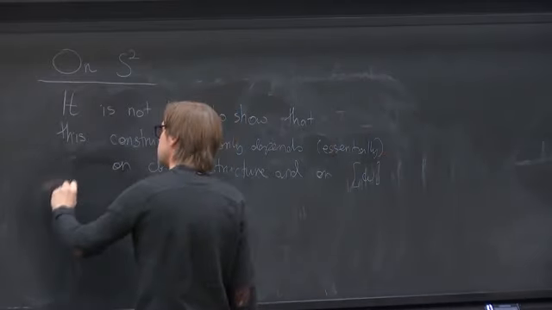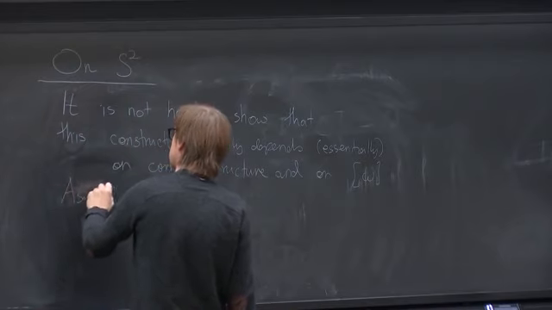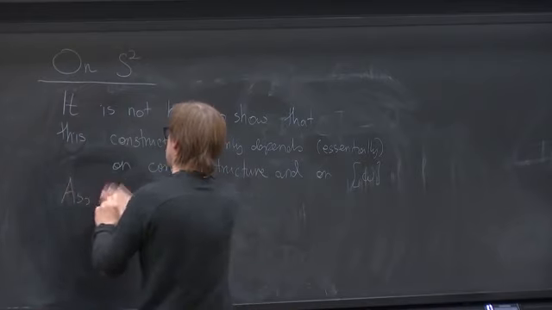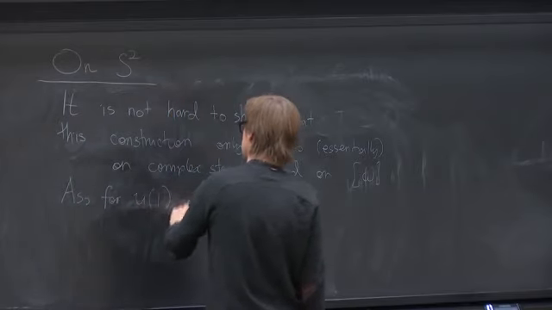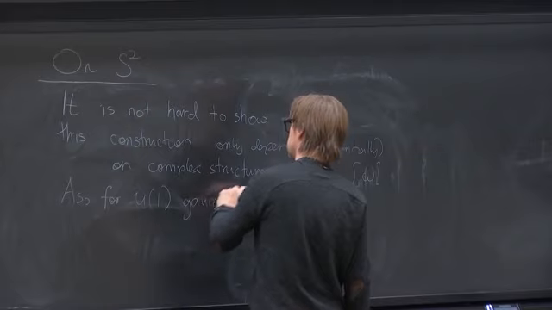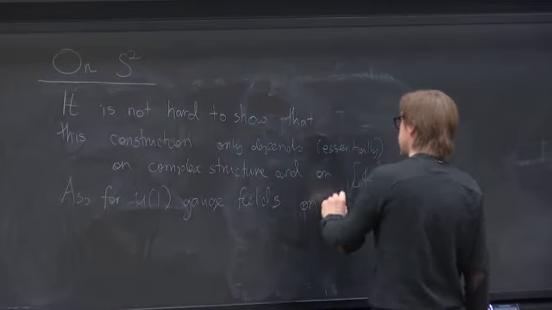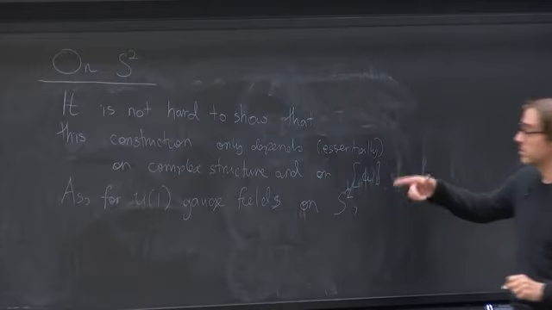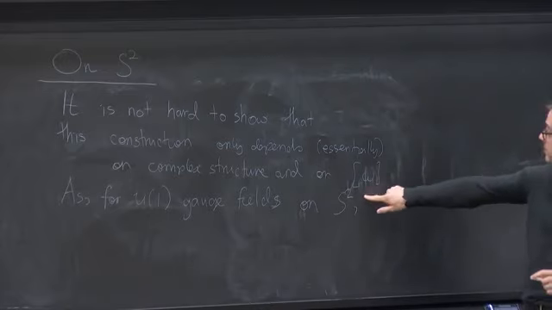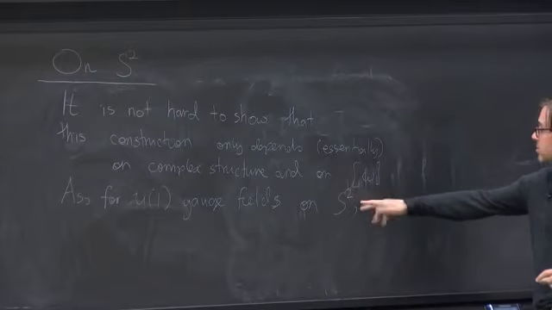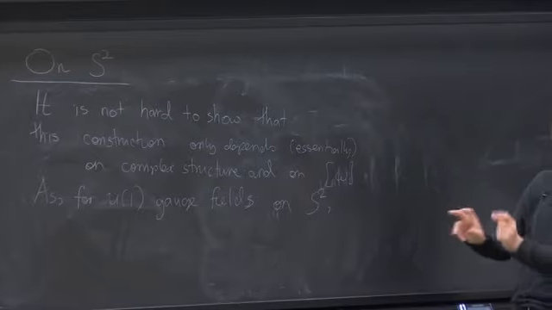Because for U1 gauge fields on S2, S2 is simply connected, there are no circles that can't be contracted. So for U1 gauge fields, two gauge fields whose curvature is in the same cohomology class are gauge equivalent.